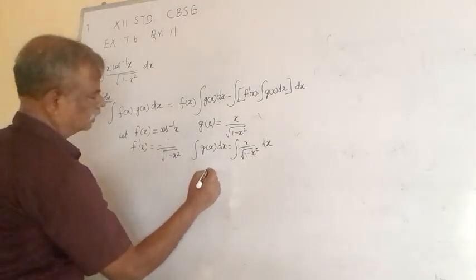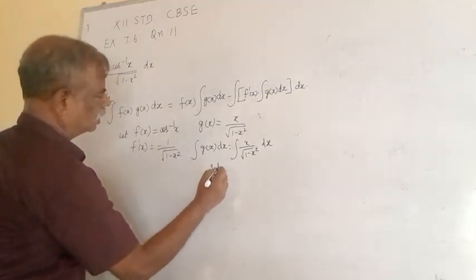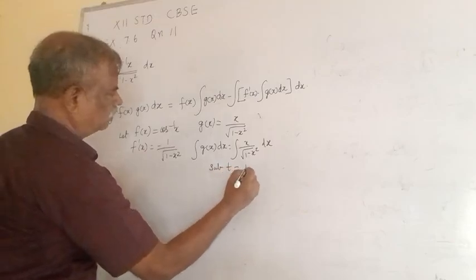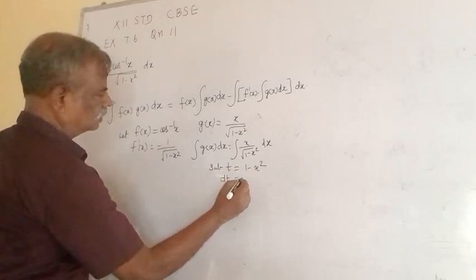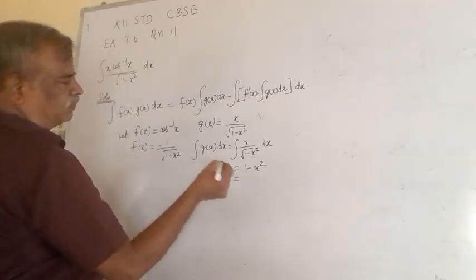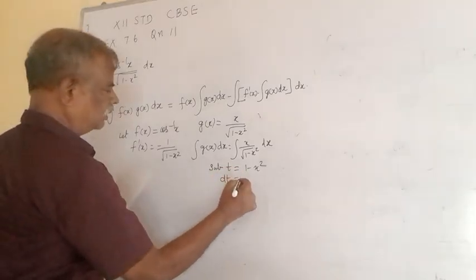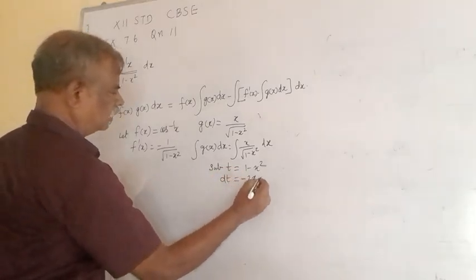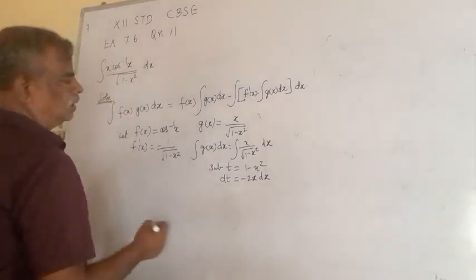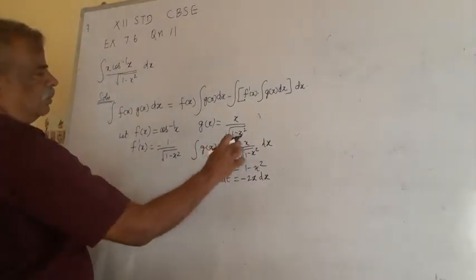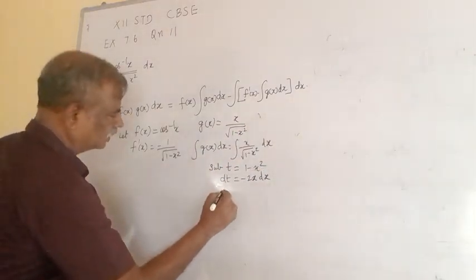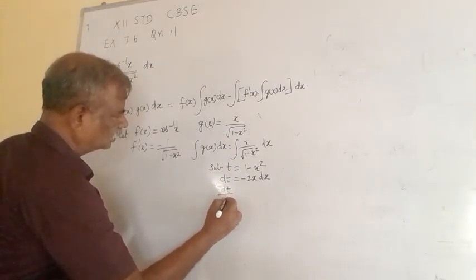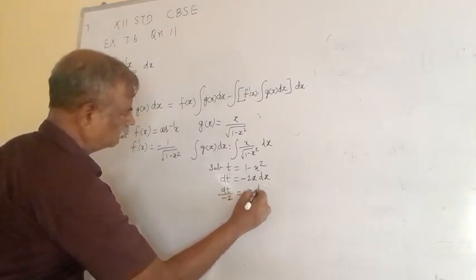I substitute t is equal to 1 minus x square. Then dt is equal to, when I differentiate, 1 becomes 0, and minus x square becomes minus 2x dx. In the numerator, x dx is there, so I take the minus 2 to the left side. Dt by minus 2 is equal to x dx.